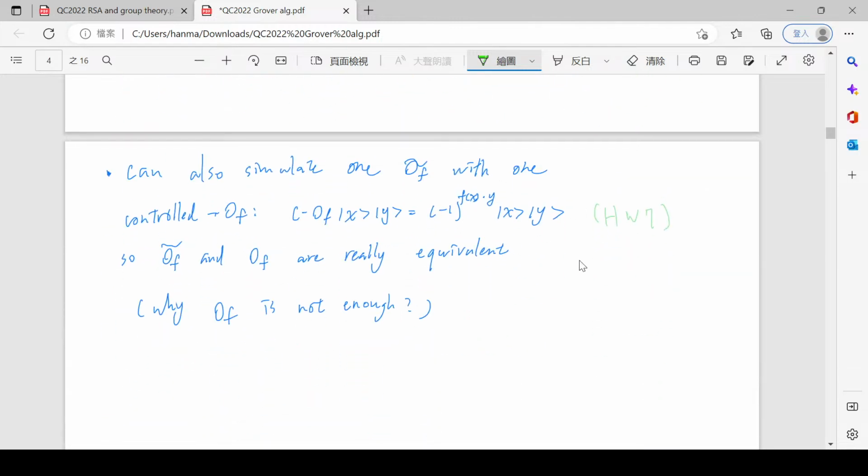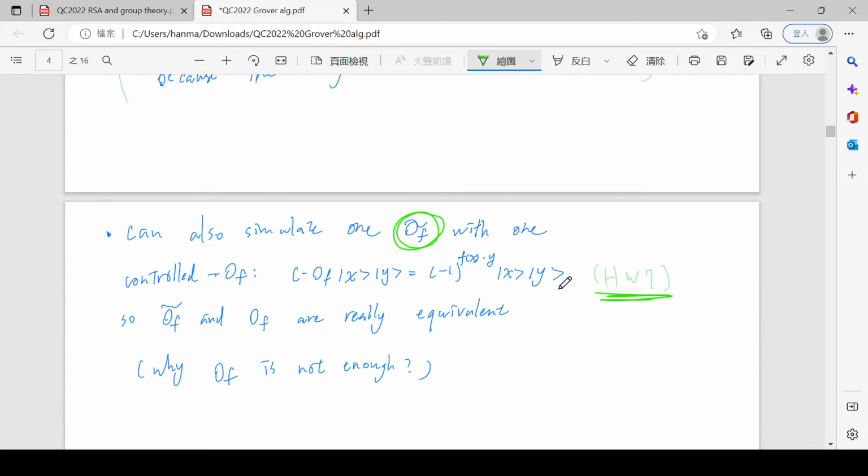So if you don't remember, you should go back to see homework 7's solution, where we prove that this OF tilde, this standard basis oracle, is equivalent to this phase version of the oracle but with a control. So you have shown that there is a one-to-one correspondence by doing some Hadamard.